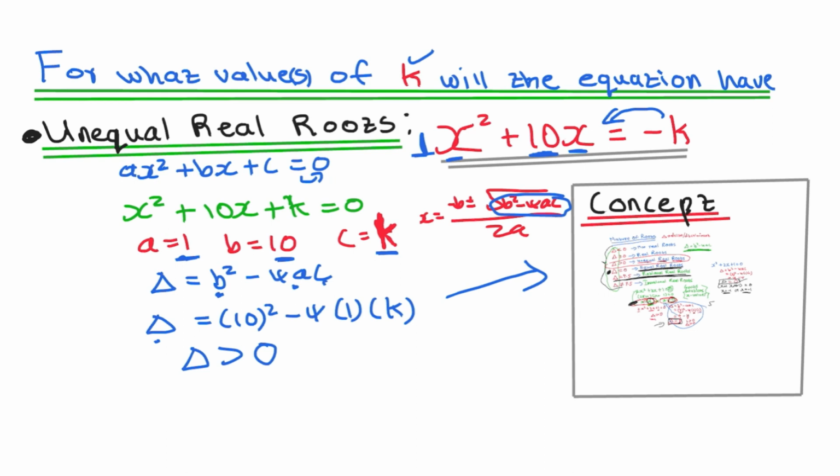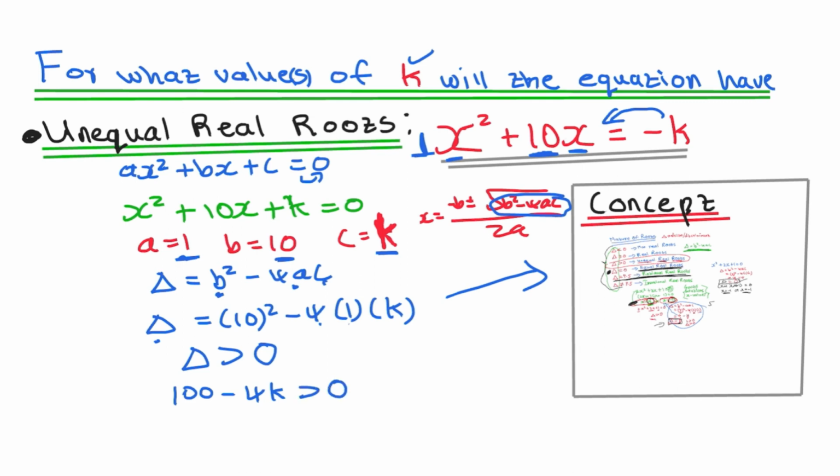Not an equal to, but just greater than 0. And now I already found my delta, so I'll substitute it here. 10 squared is 100, so I'll say 100 minus 4 times 1 times k, which is minus 4k, should be greater than 0.